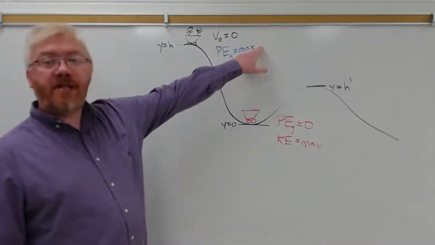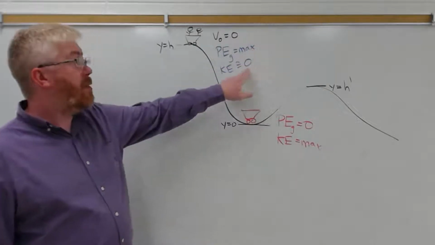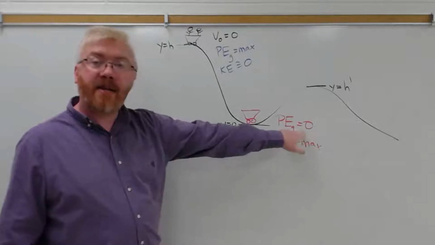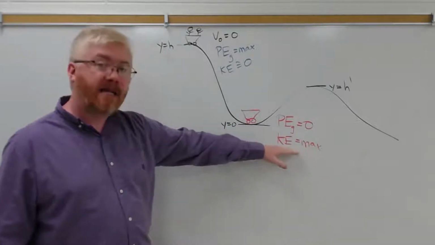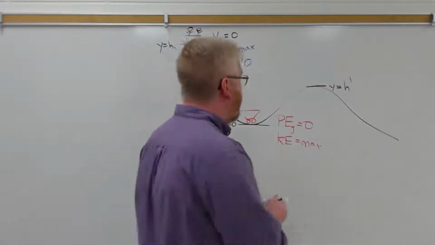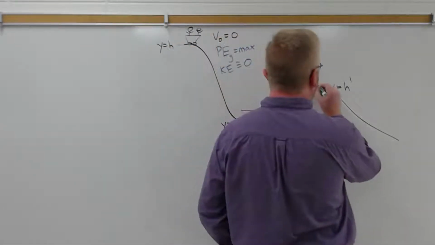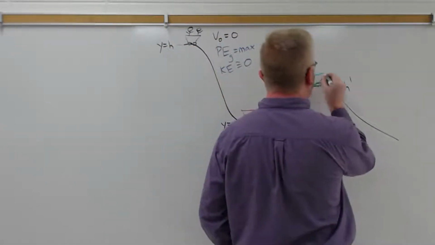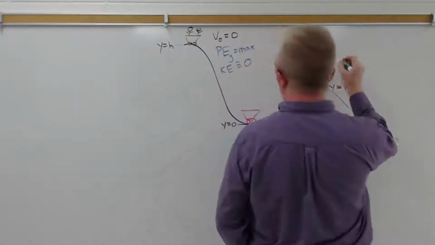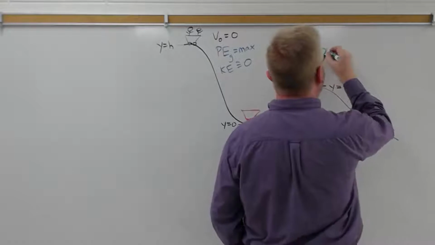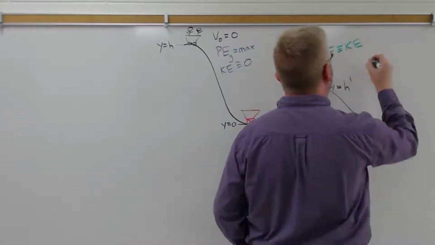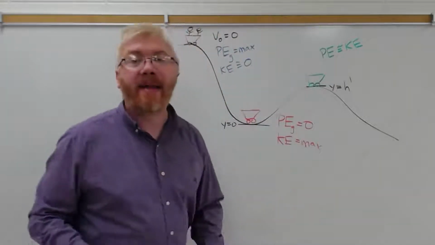So here, all the energy is in gravitational potential, none of it is in kinetic. Here, none of it is in gravitational potential energy, all of it is in kinetic energy. And then at some other point down the line, where the cart is here, maybe at some point the potential energy of this cart is approximately equal to the kinetic energy of this cart. We can actually calculate at what height that occurs.